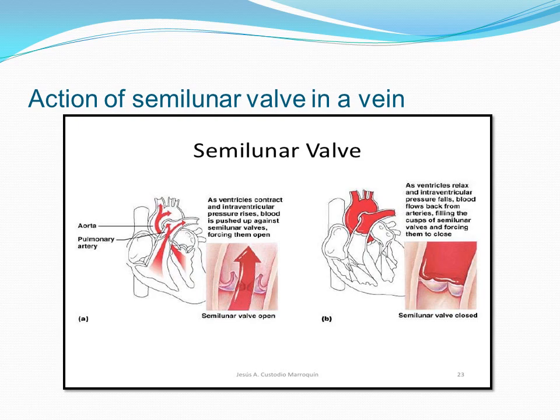Now if you compare this with the normal door at home, can you open the door both ways? No. Once it is closed, you can open it in one way only. Here also the semilunar valve can open in one way only. It prevents the backflow of blood, because when the ventricles are relaxing, the blood tries to flow back from the higher pressure region of the arteries to the ventricle.